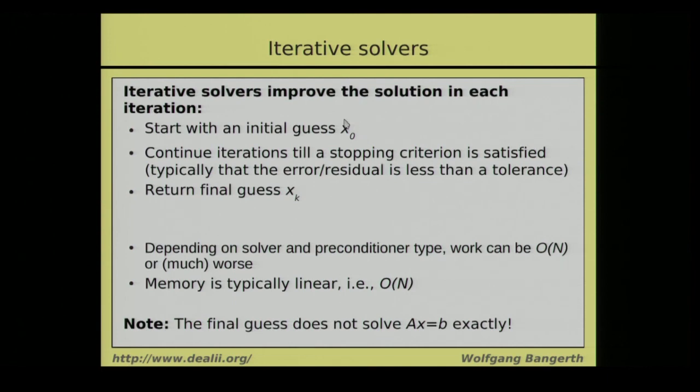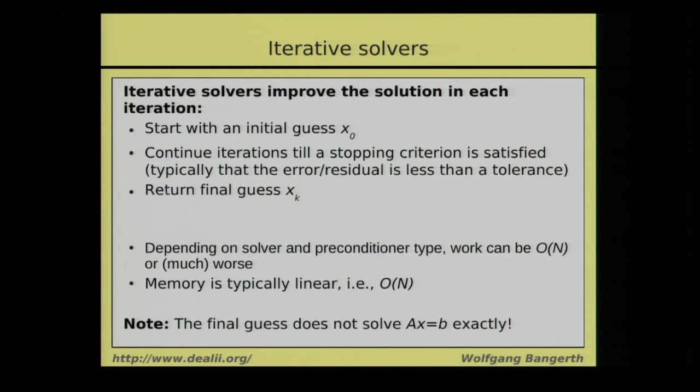Then out of this x0, these iterative methods compute x1, x2, x3, and so on, until some stopping criterion is satisfied. Typically, these methods keep iterating until the error or the residual in your linear system is less than some tolerance. And then this xk, the final guess, is returned.